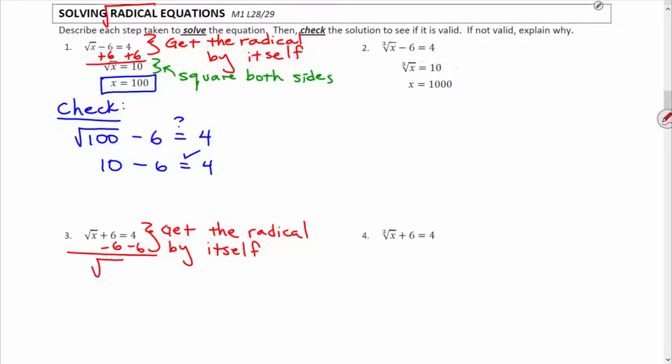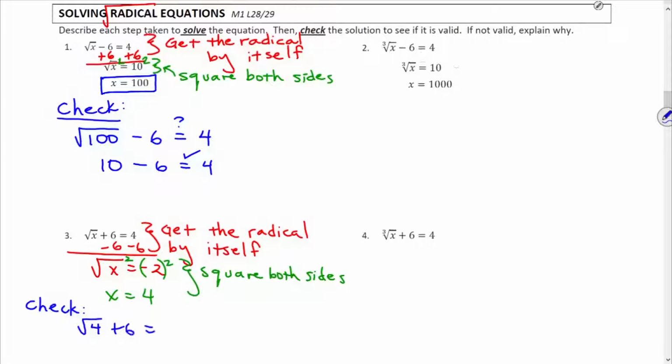And I get the square root of x is equal to -2. And then we'll square both sides, and I get x equals 4. But I have to check to see if that still works in the original equation. And it does not work in the original equation.